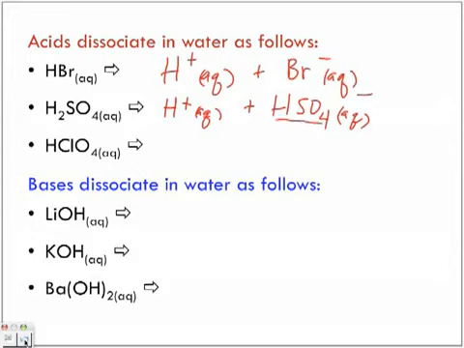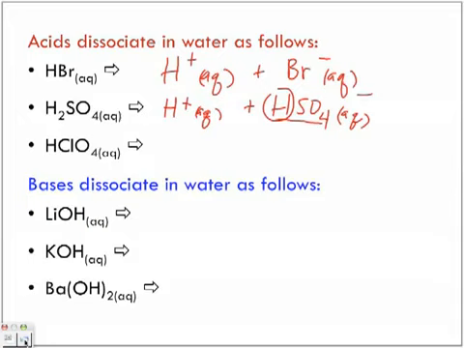Sulfuric acid is a strong acid once it dissociates this way. The minute it dissociates this last hydrogen, that version of the ion is considered a weak acid.